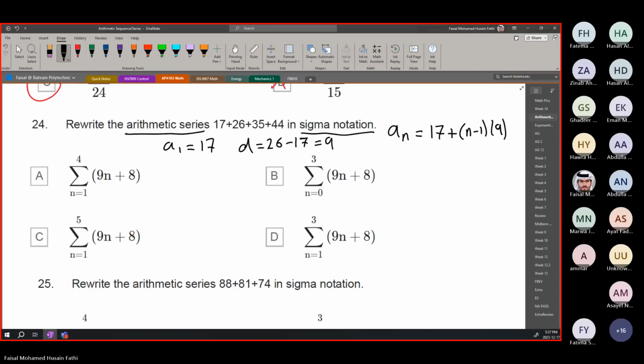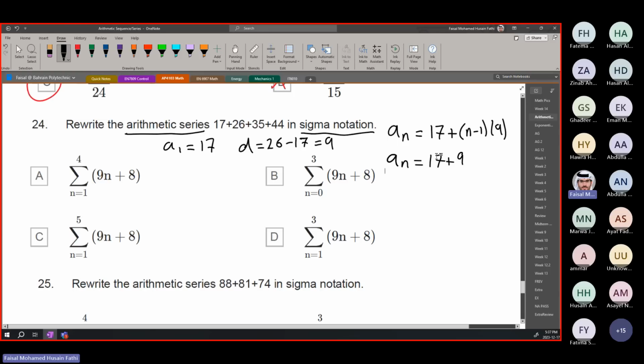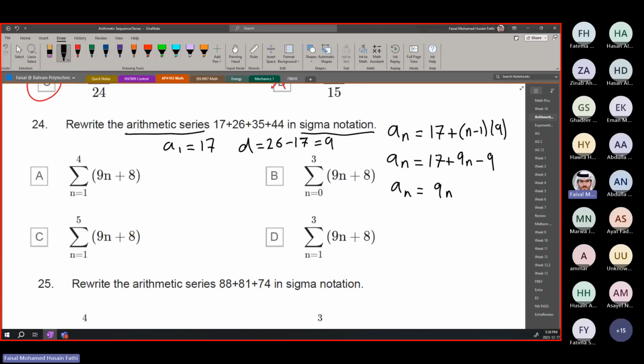Now, simplifying this, 17 plus 9n minus 9. AN is equal to 9n plus 8.